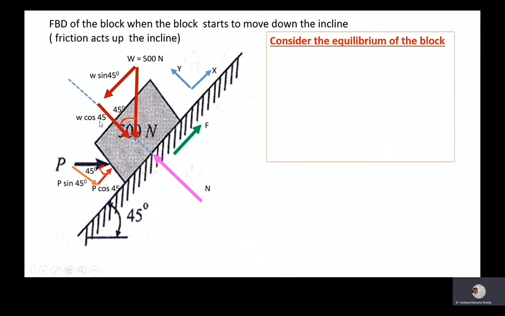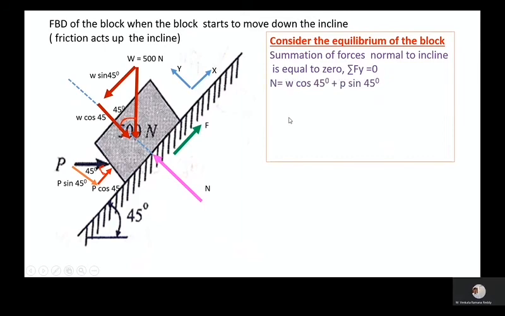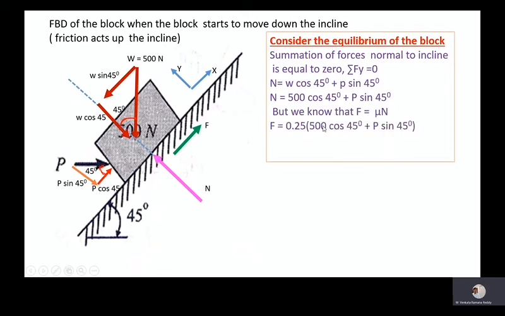Then N, W cos 45 and P sin 45 are the forces normal to the incline. N is equal to W cos 45 plus P sin 45. Substitute the W value, and we know that F is equal to mu N. The mu value is given in the problem. Then after simplifying, we'll get this equation number 1.